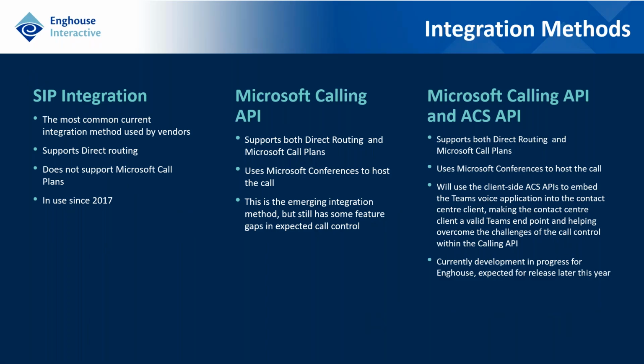So the first integration option for contact center we brought to market with Teams was the SIP integration. This has been in use since 2017, and it is by far the most common method used currently, not just by ourselves, but across most of the vendors.